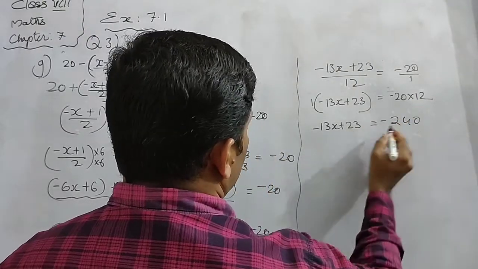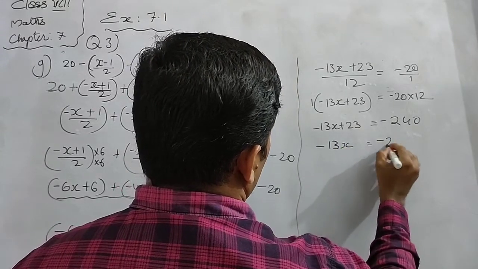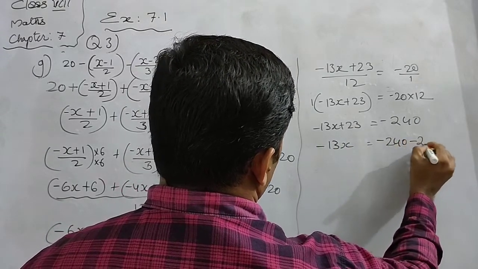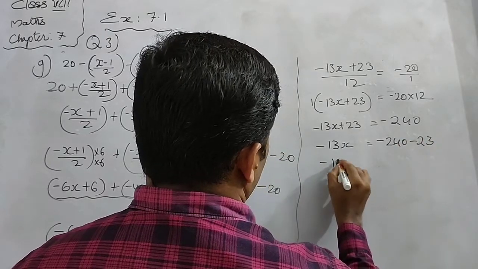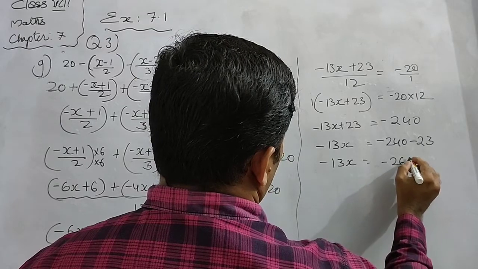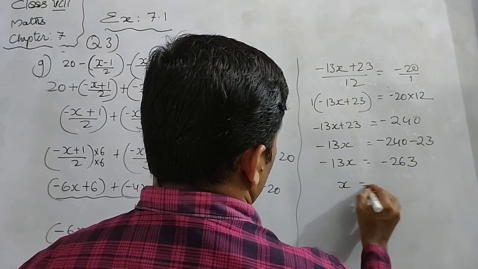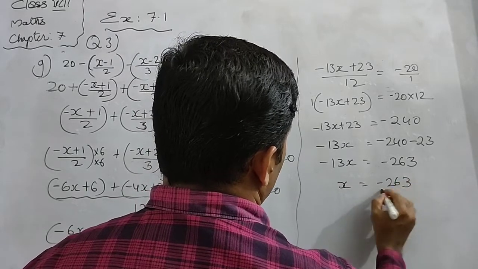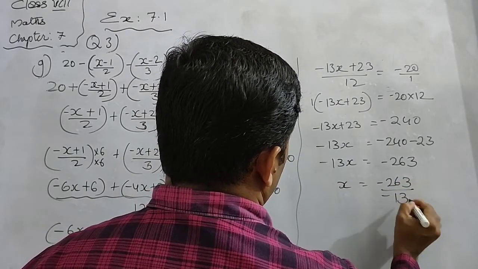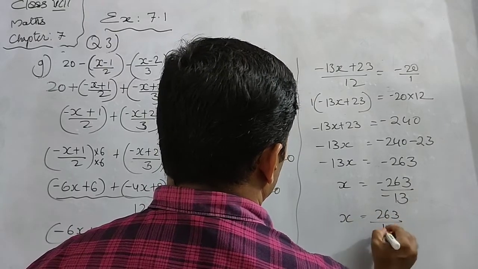Now this 23 will be taken to another side, so negative 13x is equal to negative 240 minus 23, that is negative 13x is equal to negative 263. So therefore x is equal to negative 263 upon negative 13, that is x is equal to 263 upon 13.